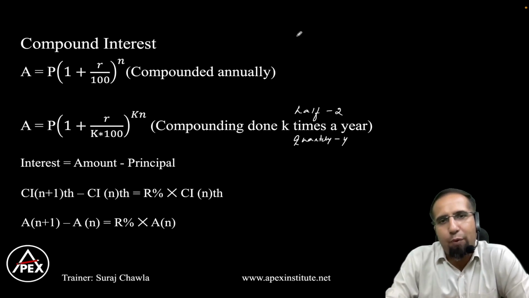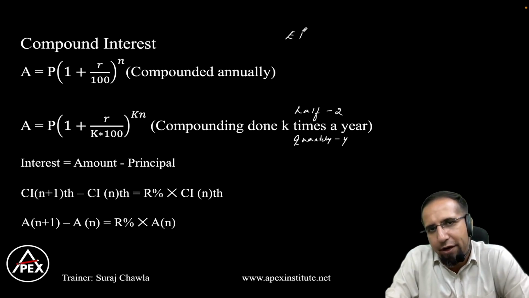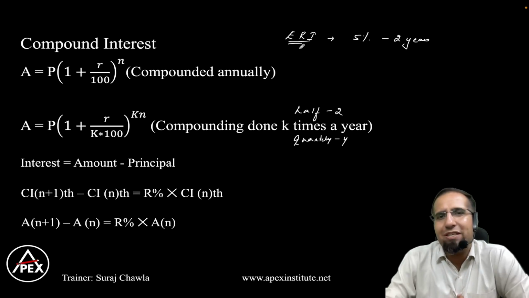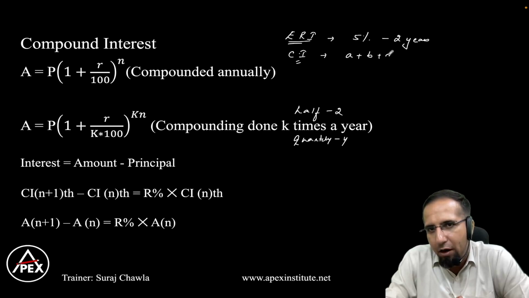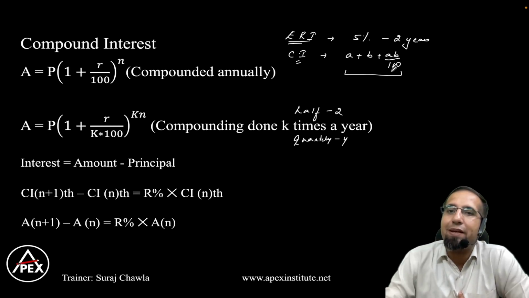Now here, I would like to bring your attention to effective rate of interest. Now suppose I tell you that I'm compounding 5% for 2 years, and the question is talking about only compound interest. So we can use A plus B plus AB by 100, that successive percentage change formula, to calculate the effective rate of interest.